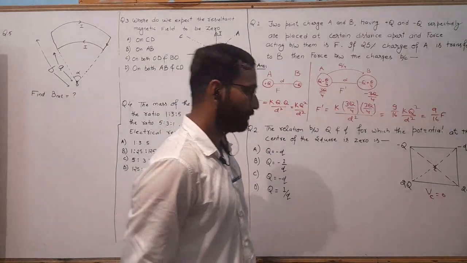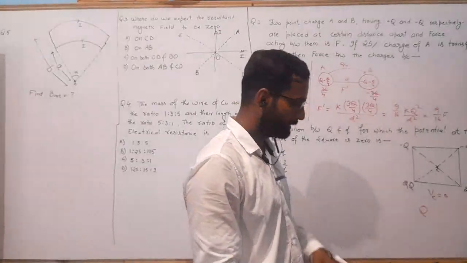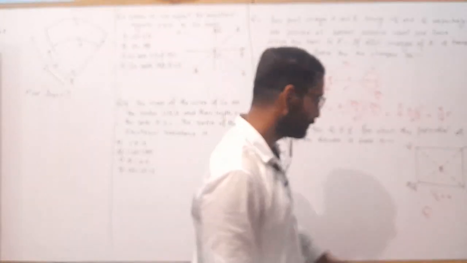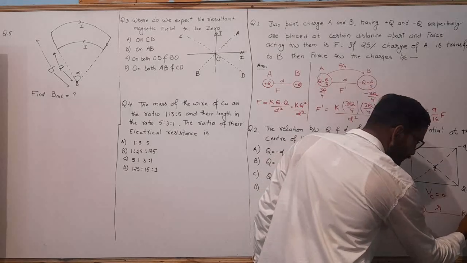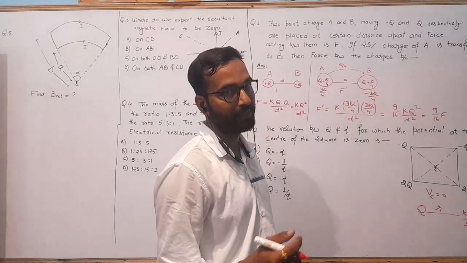Let's suppose any charge Q is present here, then the potential at distance R from this Q is KQ by R. Potential is a scalar quantity.